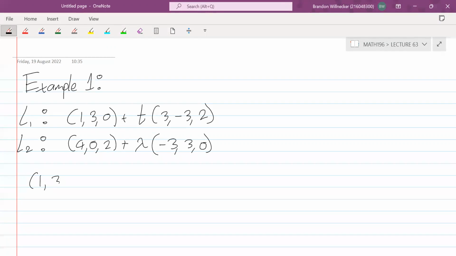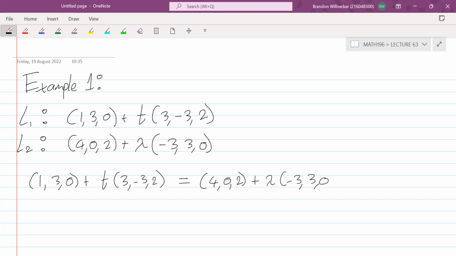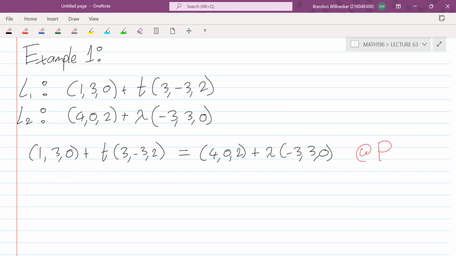So we have (1, 3, 0) plus t(3, -3, 2) must be equal to (4, 0, 2) plus lambda(-3, 3, 0). Again, these must be equal at some point P, like we had in the previous diagram.